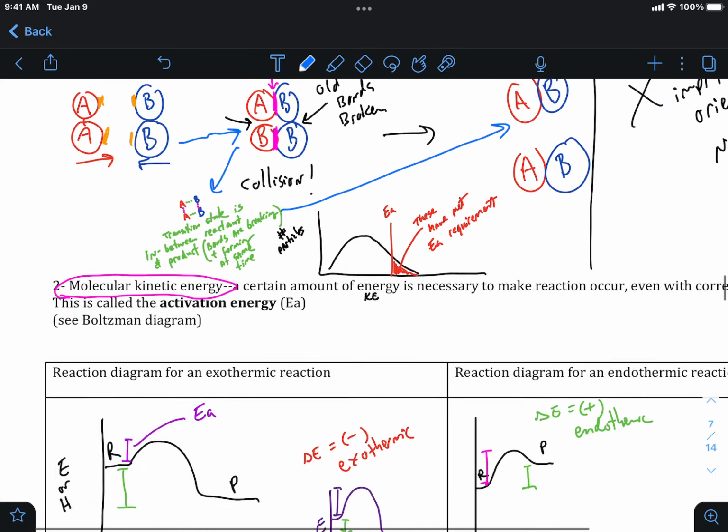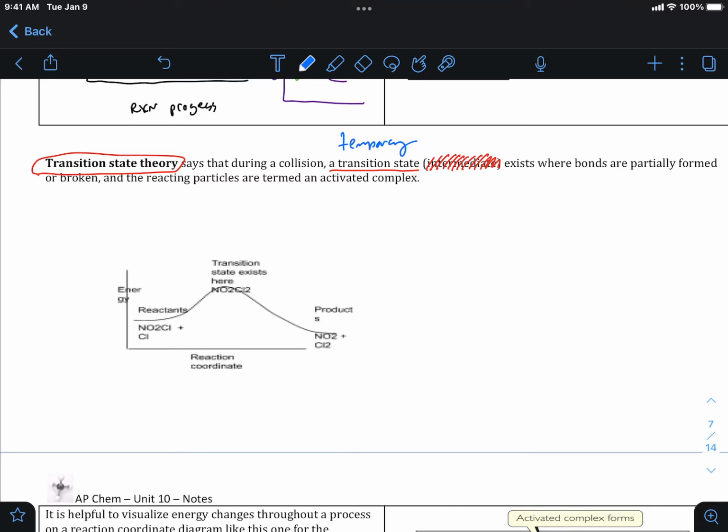Okay, so the transition state. Temporary state. Bonds are partially formed and broken, and that transition state is also called an activated complex. It's just another name for it. So the transition state on an energy profile occurs at the peak of the hill. At the very peak of the hill, remember what we talked about, high energy being unstable?